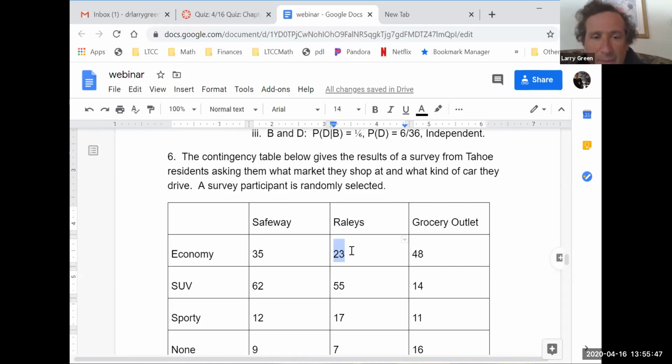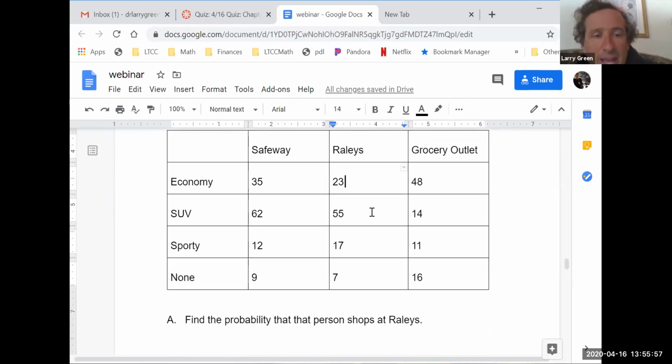Okay, so that's what that means. So we have a contingency table, and they asked them what market they shopped at and what kind of car they drive. And this is how you read that table. Any questions on that?